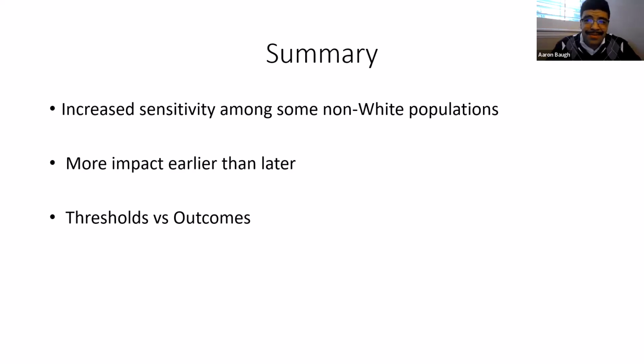By switching to a race-neutral or composite reference equation, we can increase the sensitivity for disease in some of these non-white populations, like African Americans and Southeast Asians, and maybe start to address this. But this impact is seen earlier in disease than later. And so we really need to have this conversation, as the Bonner work shows us: now that we've changed and we're getting these correlations to outcomes, are the old thresholds we were using really still appropriate? Thank you, and I'll hand off.